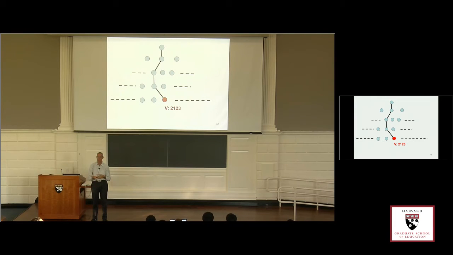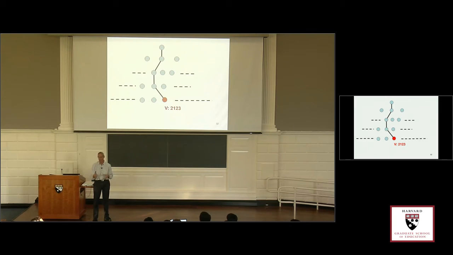So here is a leaf, and you see that to go to this leaf from the root, we first go to the second child, I'm counting from the left, and then we go to the first child, and then to the second, then to the third. That's why it's 2, 1, 2, 3.